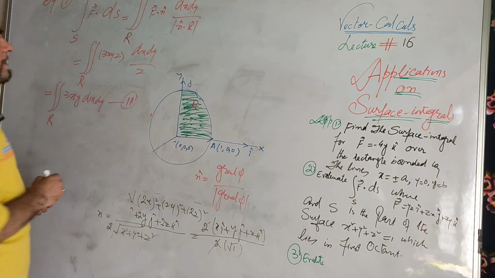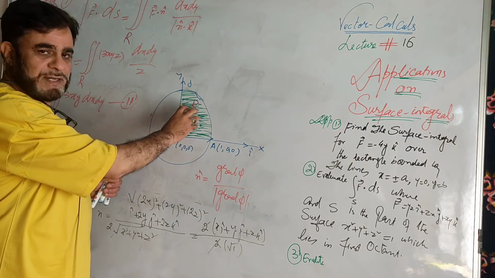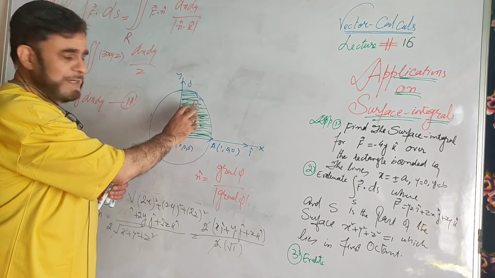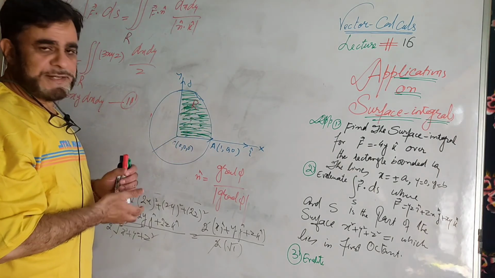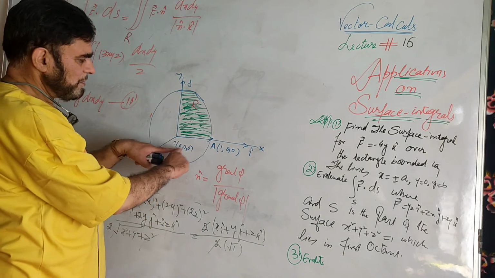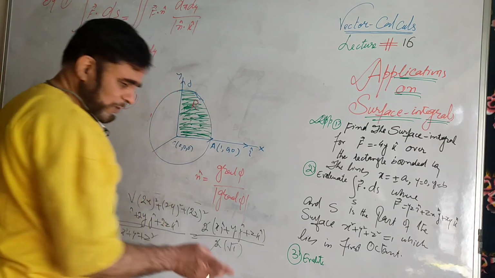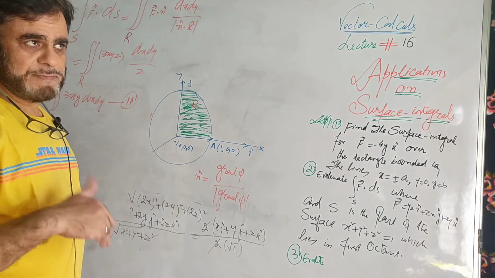Name the second equation. Now the main thing is to find out the limits, you have projected it in this region. Limit for x is known. X is from 0 to 1. Now what about for y? You see how we go. You have done the double integral in previous semesters.